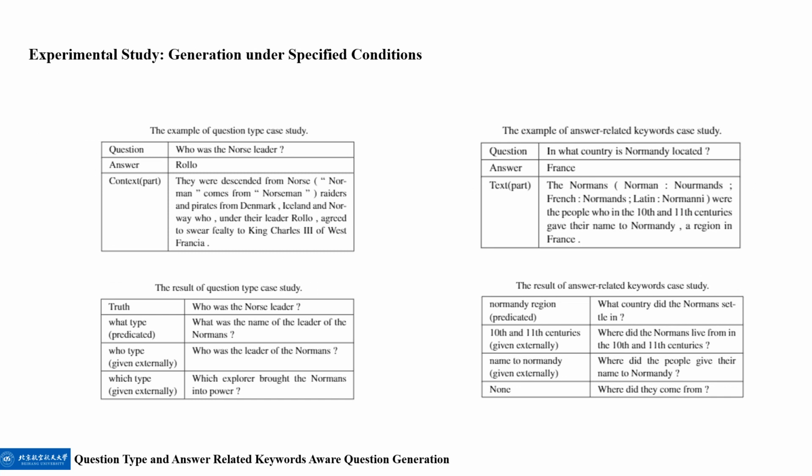One of the major purposes of our proposal is to realize controllable generation under specified conditions. Here we evaluate this by generating questions with the same answer and different external information.